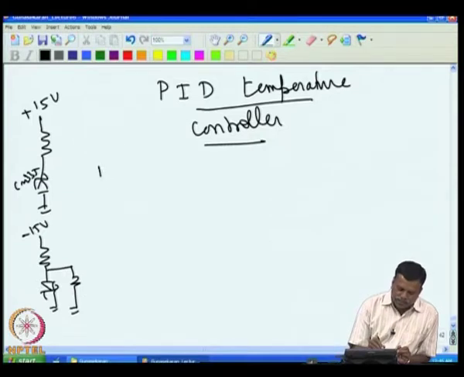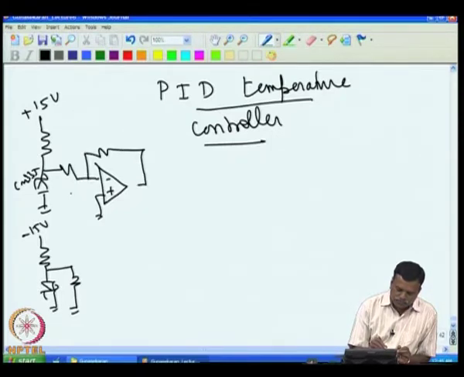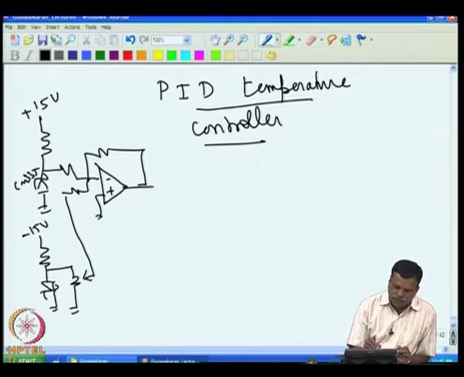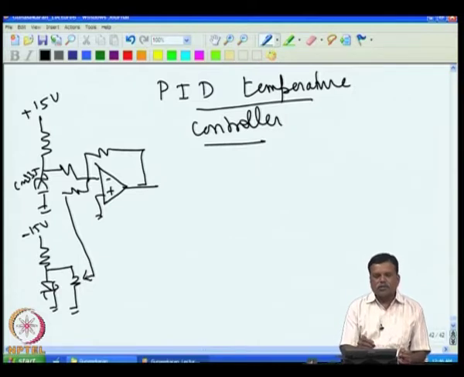Then we had the difference between these two, the error between the set value and the actual value you have got here.